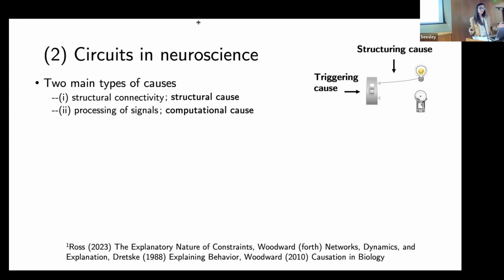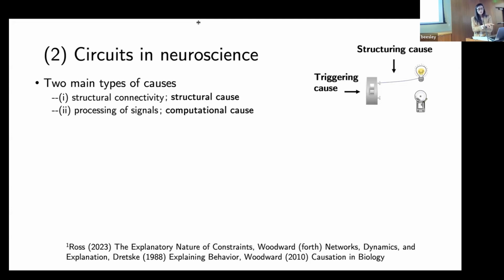The structuring cause is something that is guiding, constraining, and channeling, in this case, the flow of electricity. And it's something that is explaining a different feature of the system and a different kind of explanatory target: the possibility space, what it's possible to turn on with our triggering cause, and also what it's impossible to turn on.